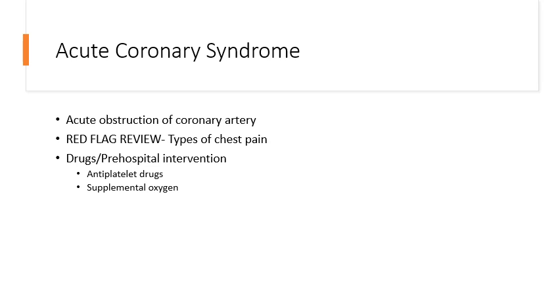If the pulse ox drops below 95, at least 2 liters per minute by nasal cannula. And again, some of the other drugs we already talked about, your anti-ischemic drugs. Your short-acting nitrates can be utilized, whether sublingually or through a spray, and your anticoagulants can be utilized in this situation as well.